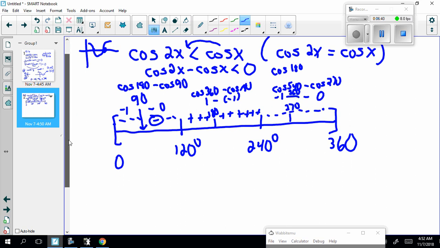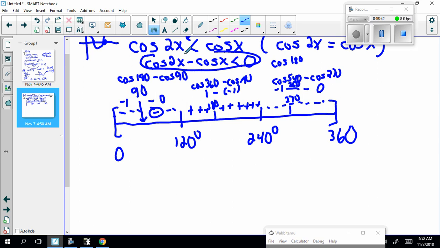Therefore, this expression is negative on 0 to 120, 2 pi over 3. But it's 0 here and 0 here, and I want less than 0.